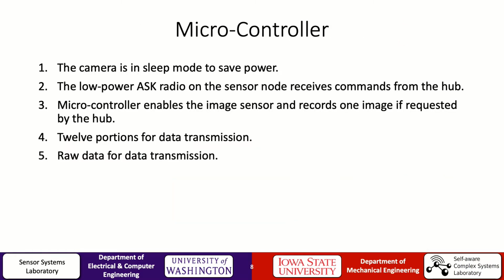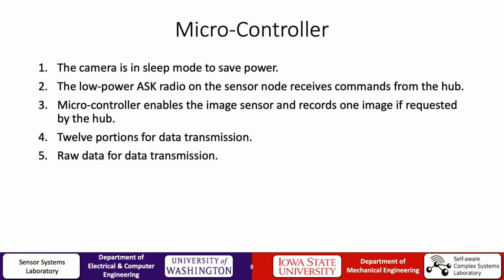We keep our system in sleep mode and wait for the hub to request an image. Our camera is equipped with a low-power ASK radio to receive commands from the hub and wake up the sensor. Once the command is received, the microcontroller enables the image sensor and records one image.